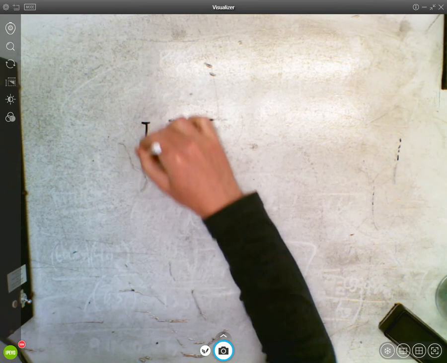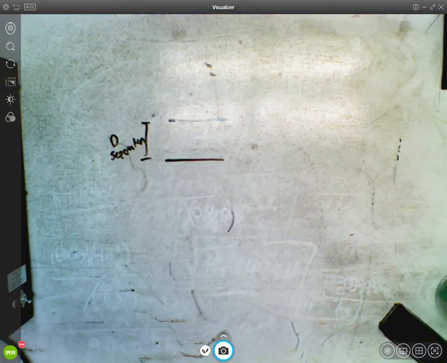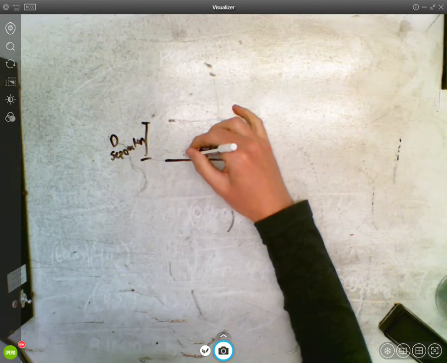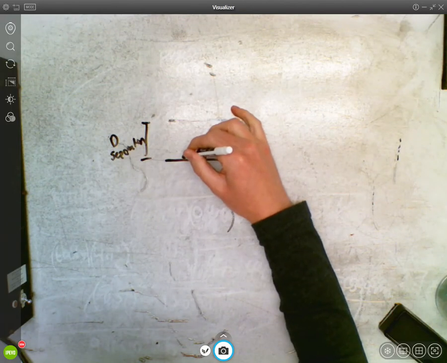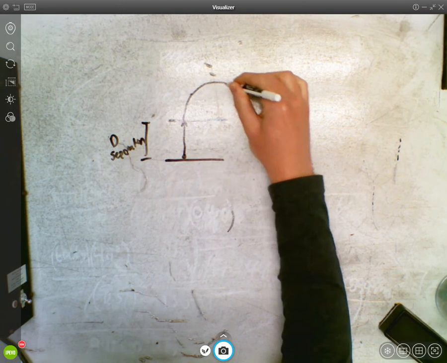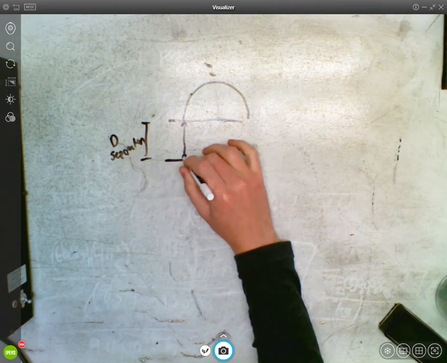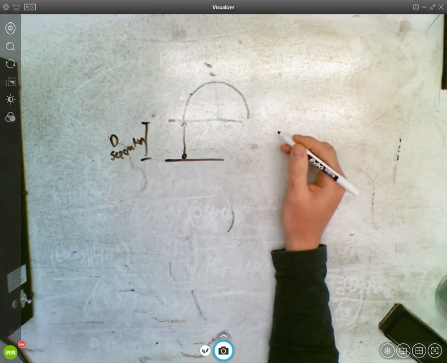So this is our D separation, like that. And then the proton accelerates across here, and then it'll go in a circular path, and then it'll accelerate across that D separation as well. So there's two parts to this question.